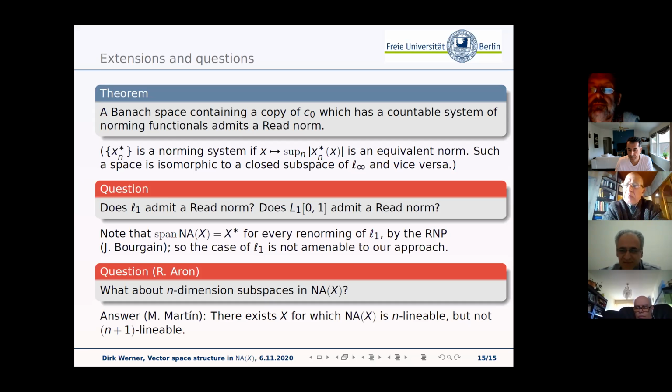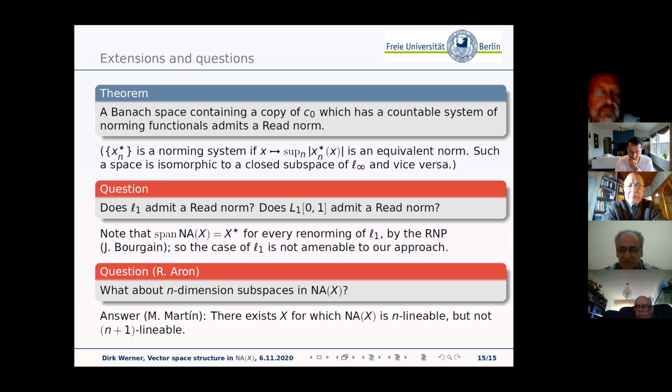I have a question, maybe. I'm sorry, my camera is not working, so I cannot be shown, but I hope I can be heard. Thank you, Dirk, for this nice lecture. Thank you, Gilles. I had one more question about linearity in norm-attaining functionals. Maybe you know about this.